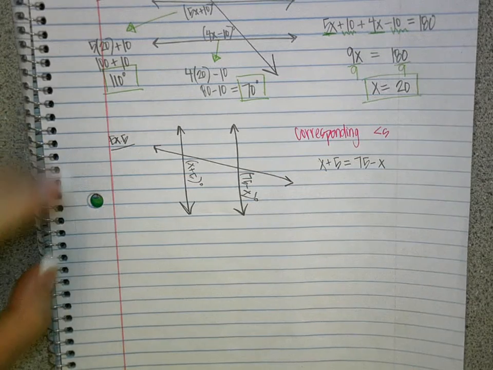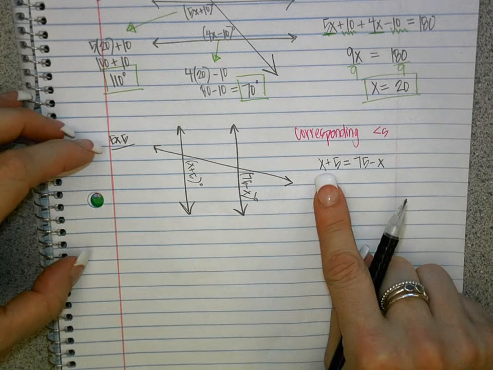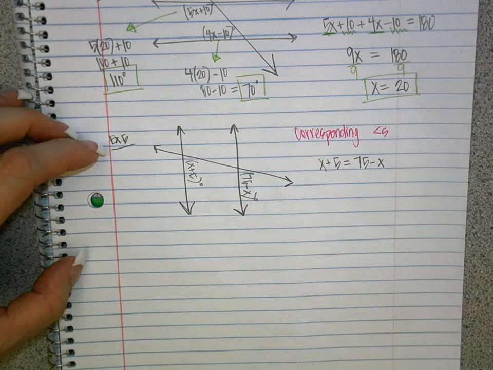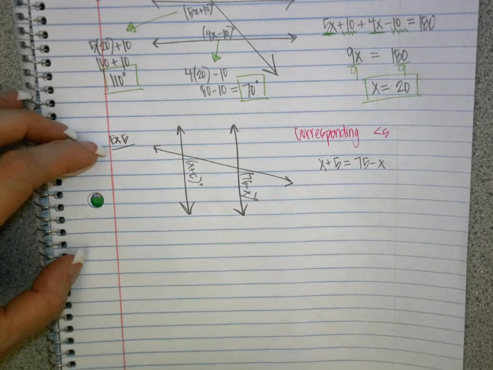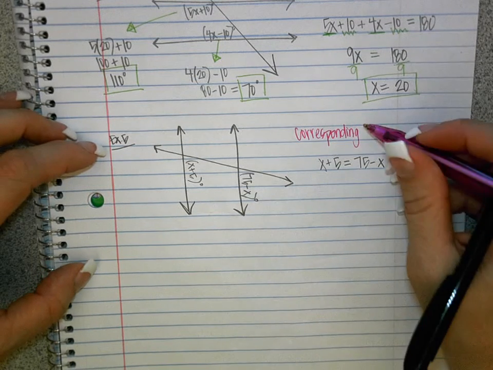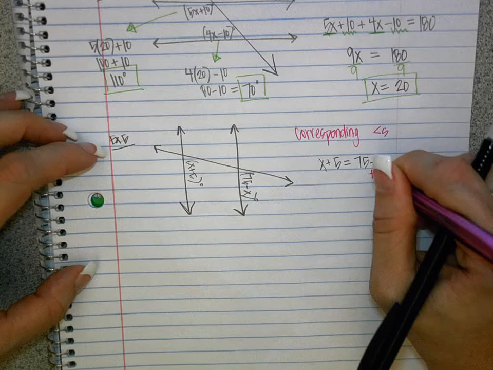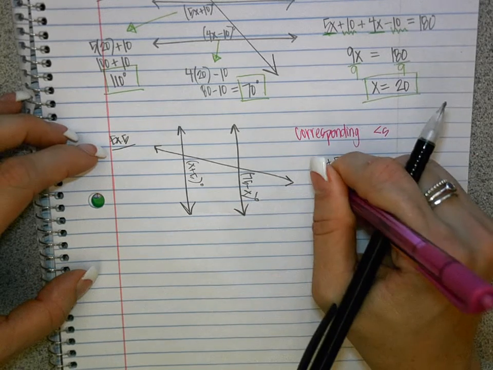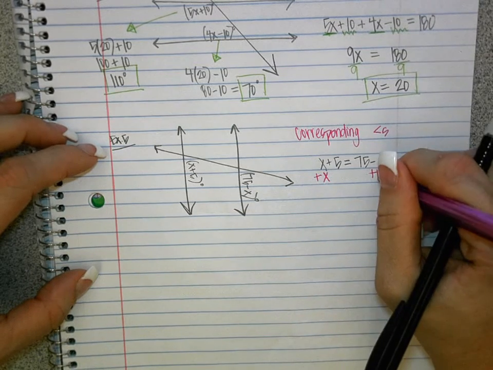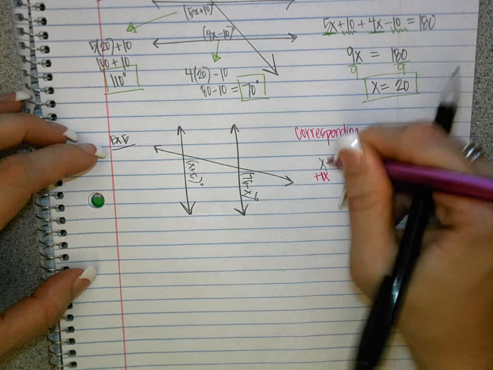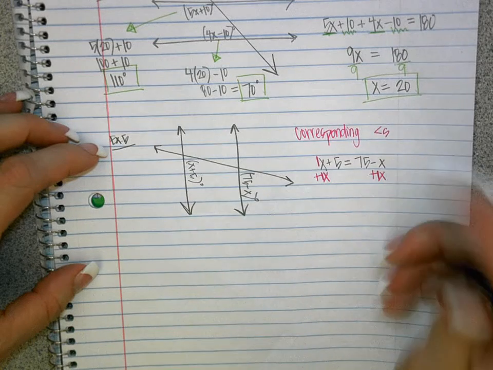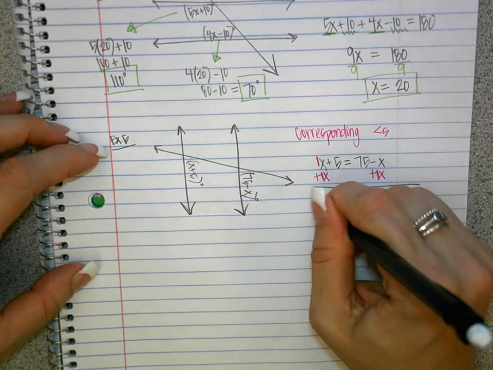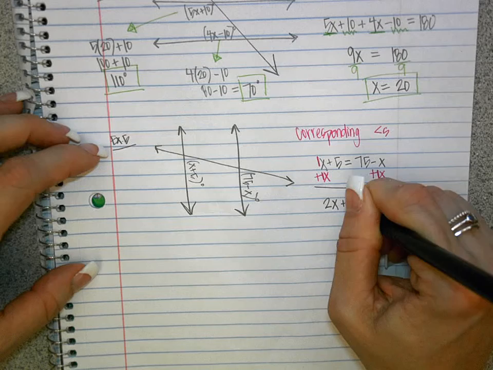You're going to want to move the x. Do I want to move the positive x or the negative x? Probably want to move the negative x because we don't want it to stay negative. So really this is going to add x. And technically there's a 1 in front of that. There's a 1 in front of this one too. So 1x plus another x gives you 2x, plus 5 is equal to 75.